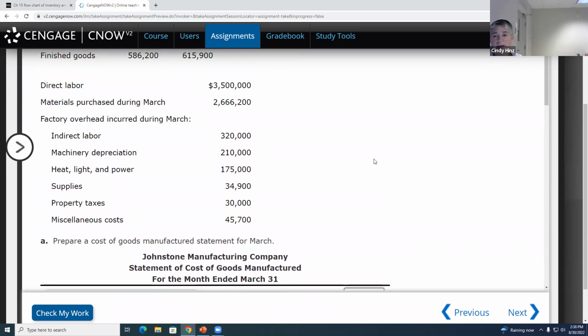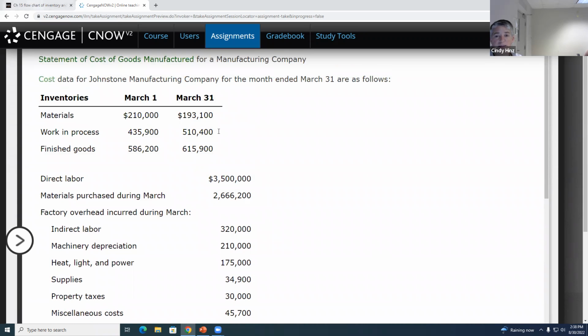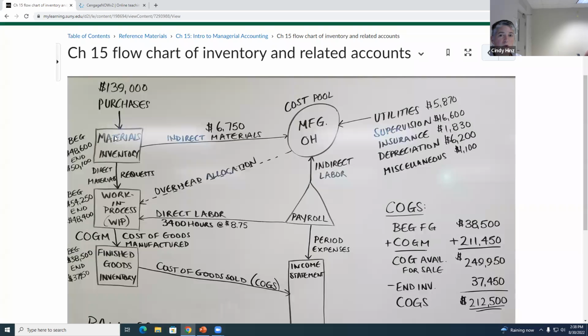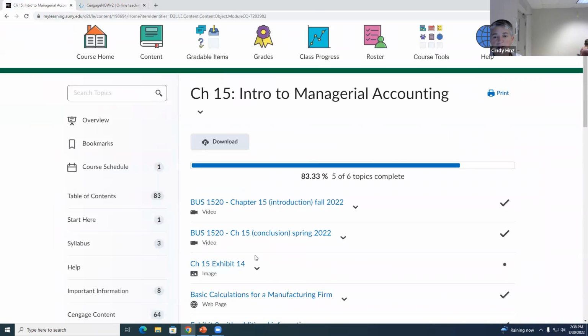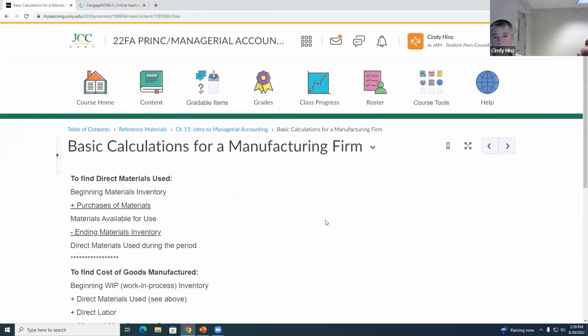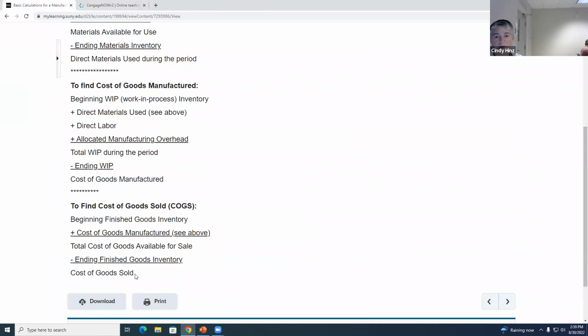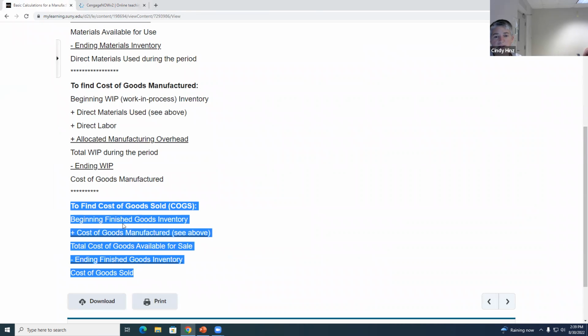The last question we have for this exercise is, what was the cost of goods sold for March? So I'm going to go back to those calculations. And we have right here how to find the cost of goods sold.